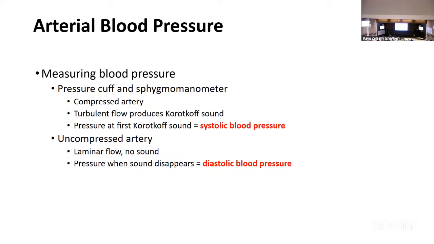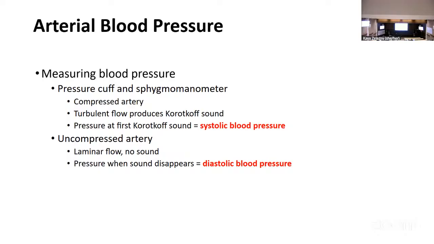We can hear that because, as we mentioned when we were talking about the heart, whenever you have turbulent flow, whenever you have flow that's partially getting blocked, sometimes getting blocked, sometimes not, you can think of it like waves crashing.